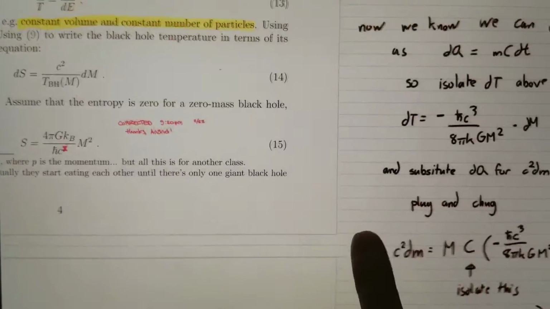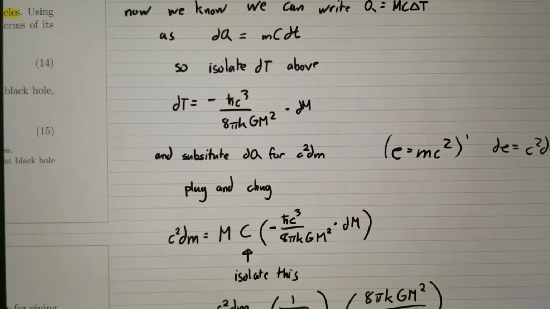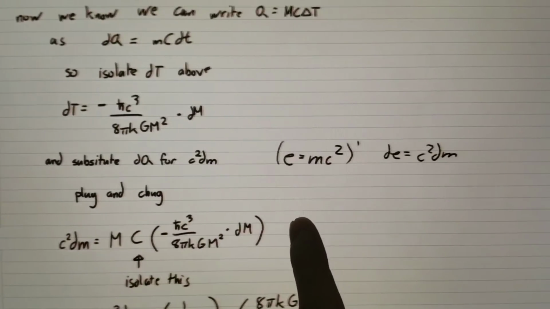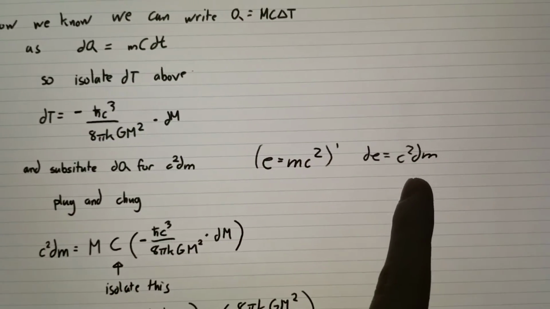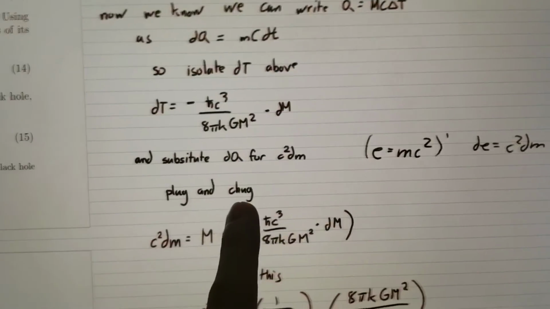And E is equal to mc squared can be differentiated as well to become dE is equal to c squared dm, and we can plug that in for this part right here.